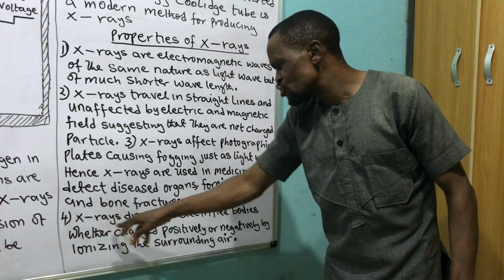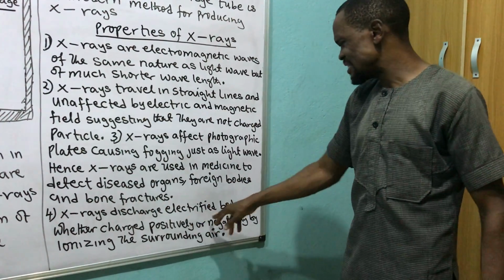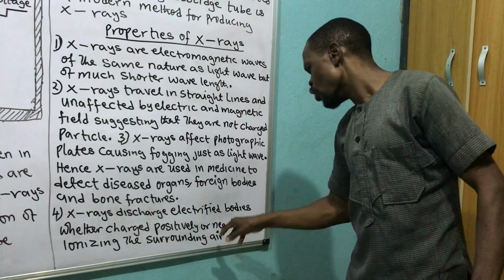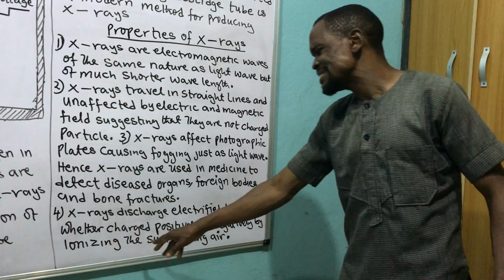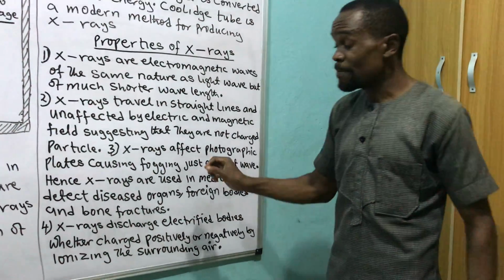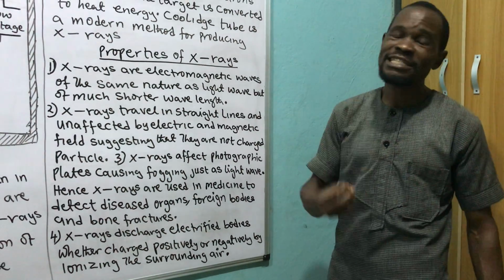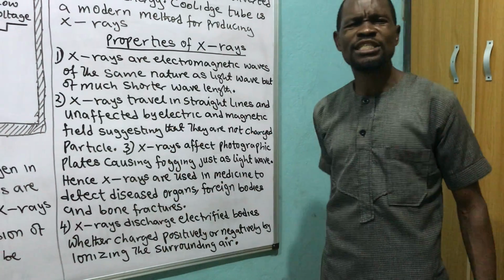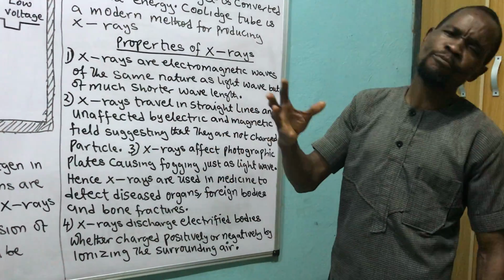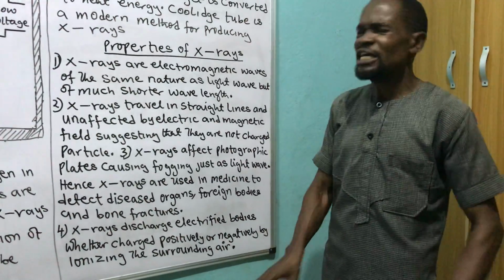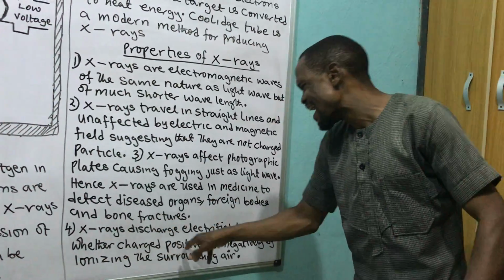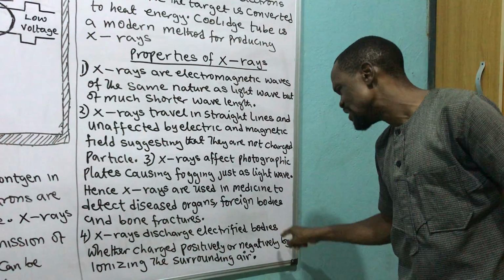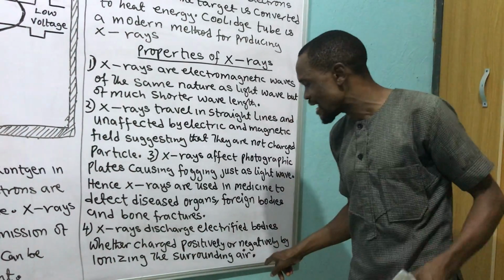Number four, X-rays discharge electrified bodies, whether charged positively or negatively, by ionizing the surrounding air.